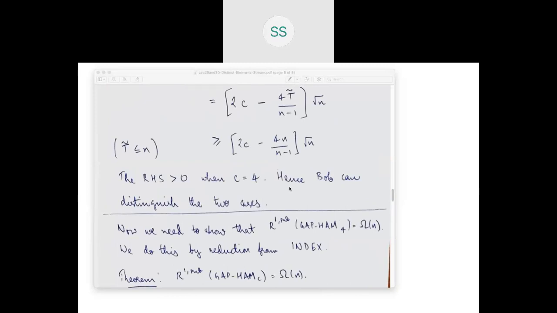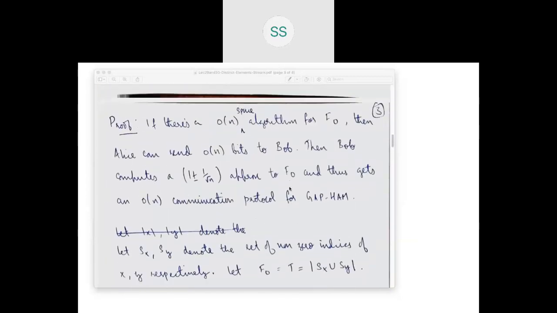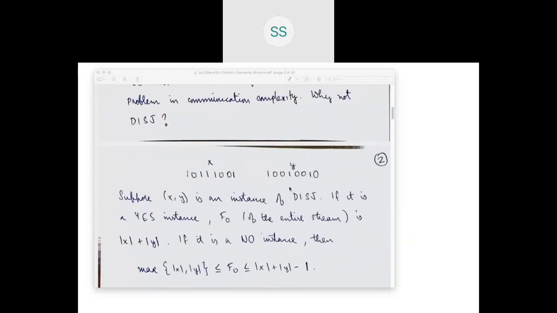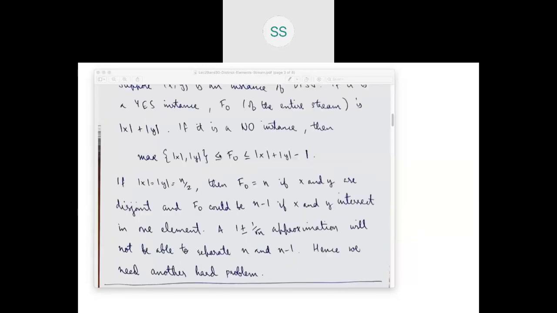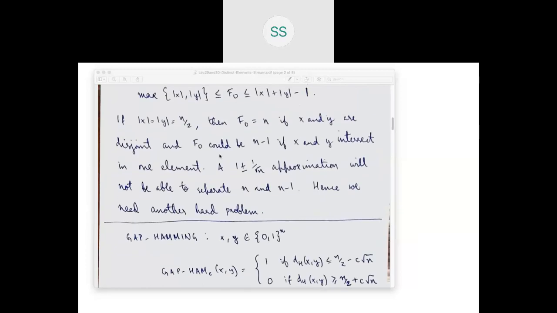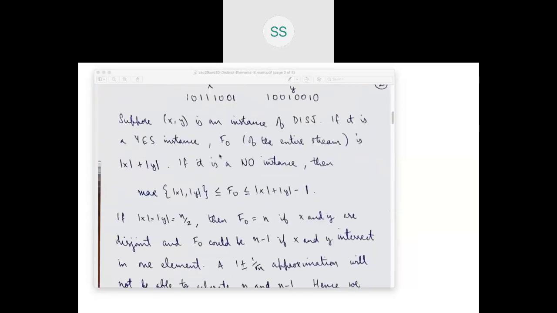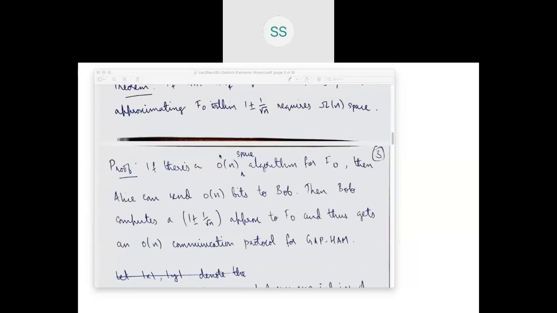And so I will summarize the proof again. The key thing about the proof is, first of all, we are showing that a 1 plus or minus 1 by square root n approximation requires linear space. It's a reduction from the gap Hamming problem to f0.